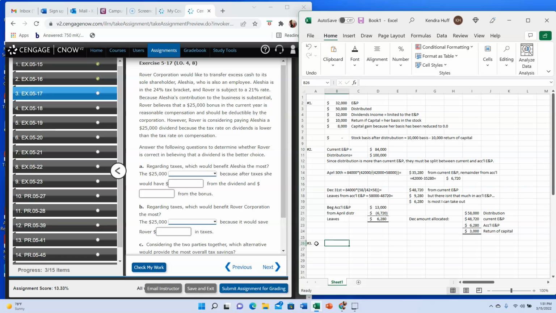Okay. If a dividend is paid, it is taxable to Alicia at 15%, I think, is the max tax rate. Yes.